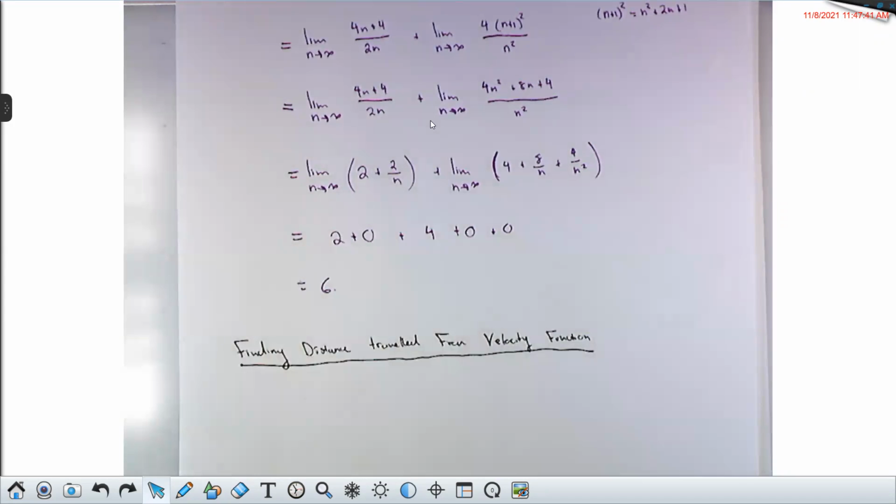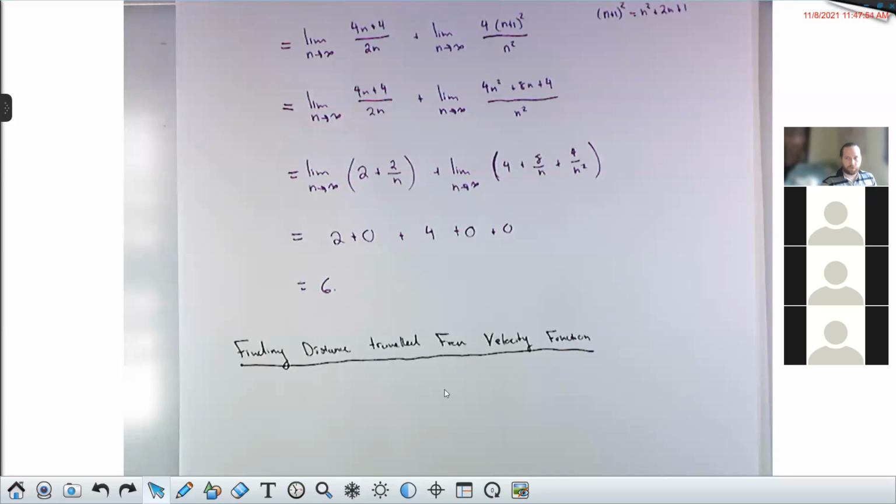If I tell you exactly how fast I'm going and in what direction I'm going at every moment in time over a trip, intuitively, you should be able to reconstruct the trip, right? If I tell you what my velocity is everywhere along my little drive, you should at the very least be able to figure out how far I drove. It turns out to be the same problem as finding the area under the curve.